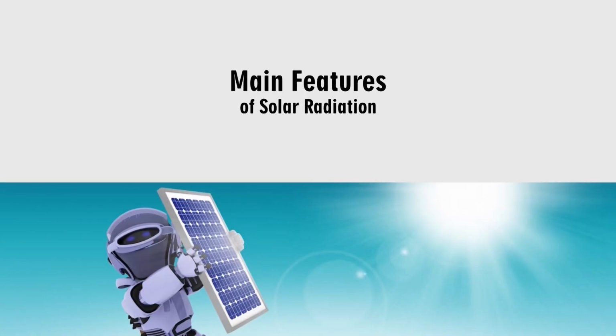Now we have to understand the main features of solar radiation. You know the sun is continuously radiating energy in the form of electromagnetic radiation. While passing through the earth's atmosphere, this radiation is subject to absorption by ozone, oxygen, nitrogen, carbon dioxide, carbon monoxide and water vapor, and scattering by dust particles, air molecules and water droplets in the atmosphere.